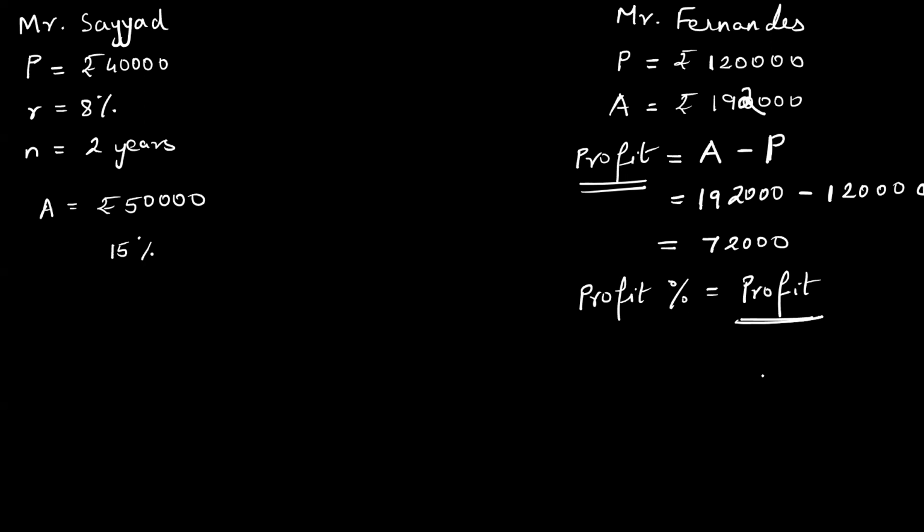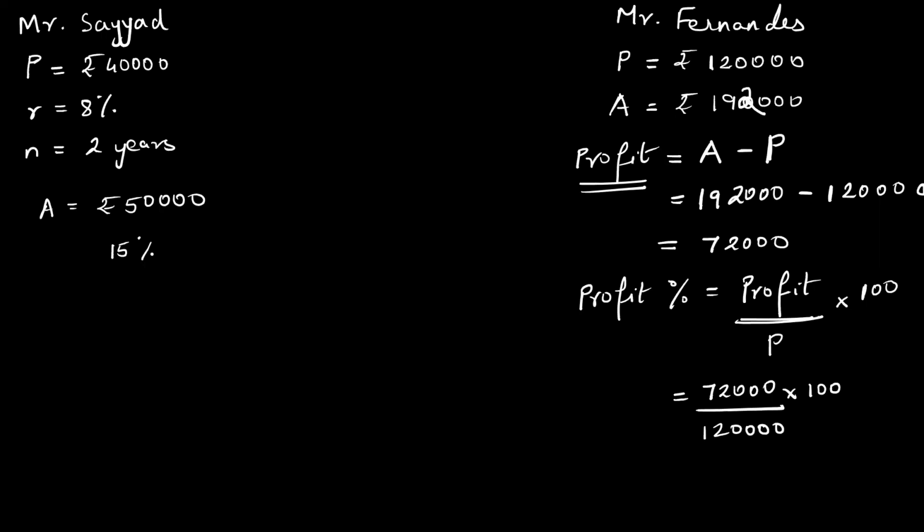What is the original value? 1,20,000. Correct. That is his principal, into 100. So one more time, what is the value of the profit? 72,000 upon 1,20,000 into 100. So what all do we cancel?